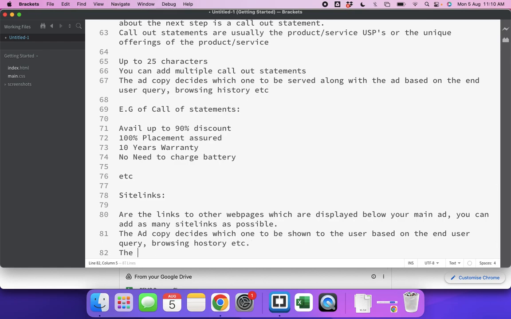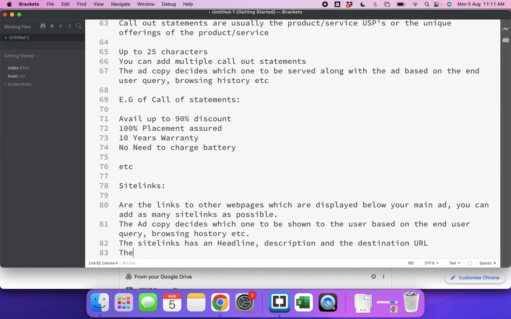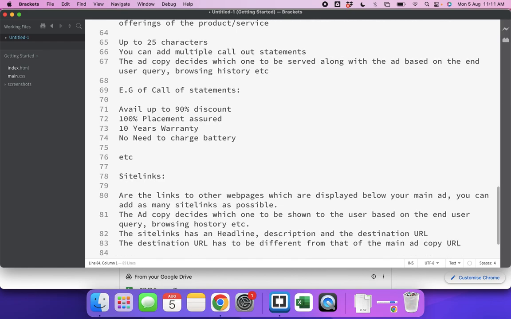The site links have a headline, a description, and a destination URL. The destination URL has to be different from that of the main ad copy URL.